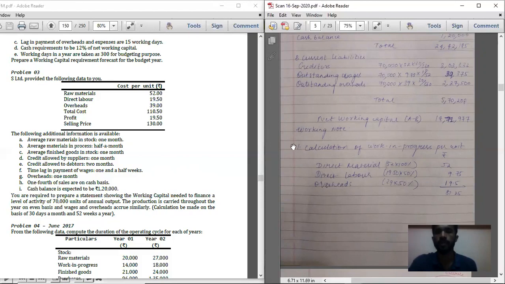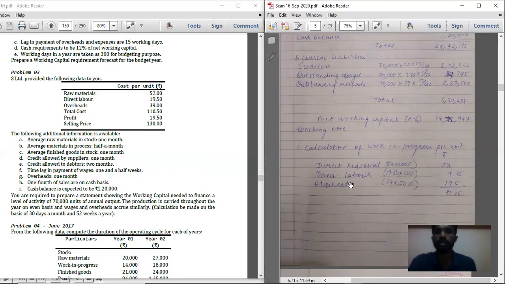Below particulars, put direct material. How much is the raw material cost? They have given 52 rupees, so in brackets 52 into 100%. In the amount column, rupees 52.